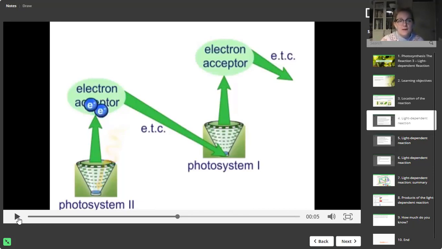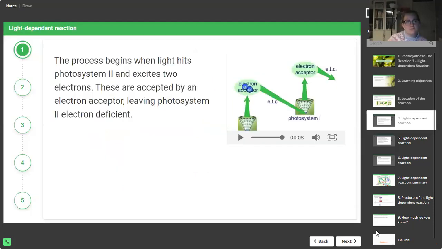When they are accepted by this electron acceptor, this causes photosystem 2 to become deficient in electrons, and that's really, really important. So light energy hits, 2 electrons are excited, they get accepted by the electron acceptor, and photosystem 2 is now deficient in electrons.